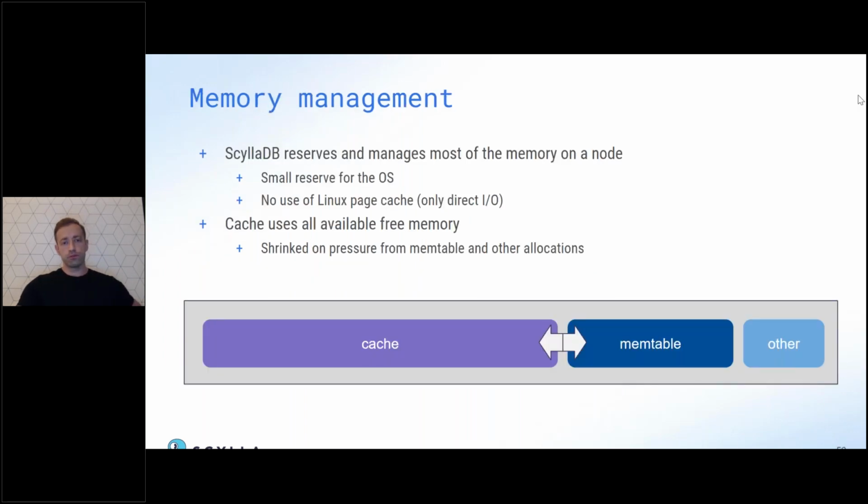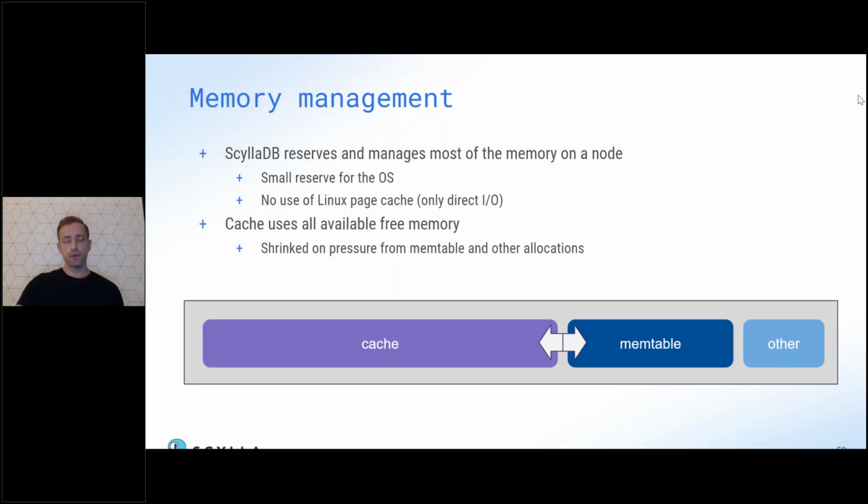We also don't use the Linux page cache at all. Most of the memory which is available on the node is reserved by Scylla. We only leave a very small reserve for the OS for stuff like socket buffers and other data structures which the kernel may need.